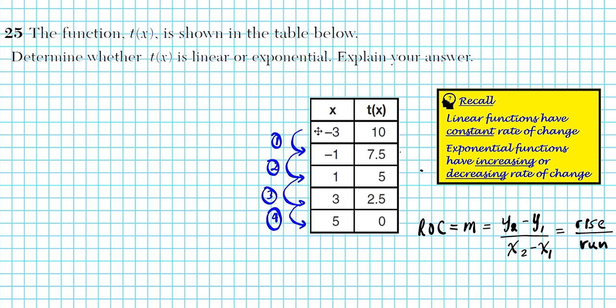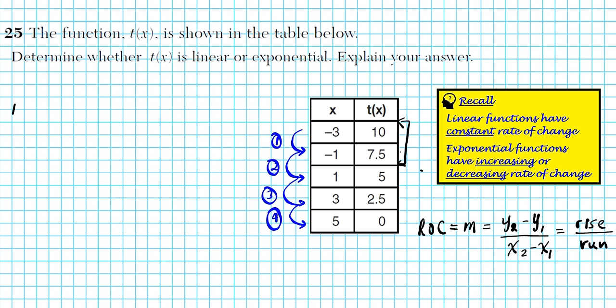Let's do the first interval. We're going from -3 to -1. So that's interval 1 right there. The first pair of coordinate points are our ones, x1, y1, and this is x2, y2.